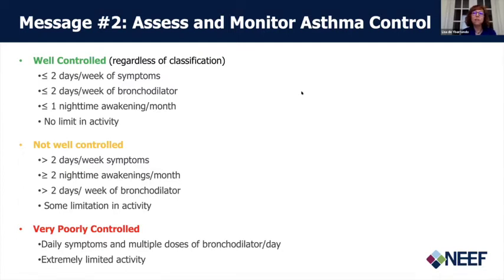It gives us a very good idea of how well controlled they are regarding their activities, their nocturnal awakenings, their albuterol use, etc. For children less than 5, there is also the TRACK tool, the test for respiratory and asthma control in children, and we utilize this as well to help assess control.